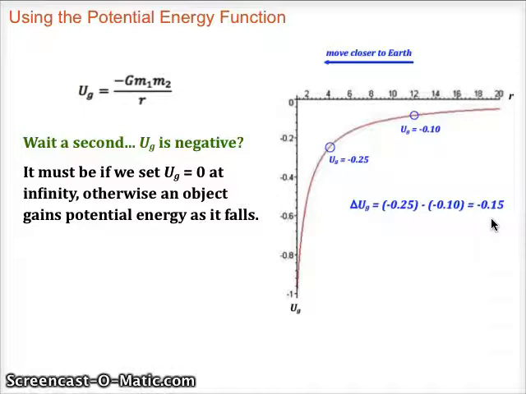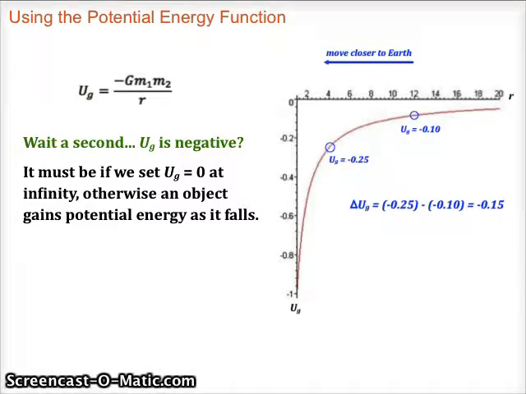If we were to somehow switch this around and call the ground zero, everything would get messed up, and we'd be talking about increasing potential energy as the object falls. It's going to be easier to change the math than it's going to be to change that idea of whether something gains or loses potential energy.